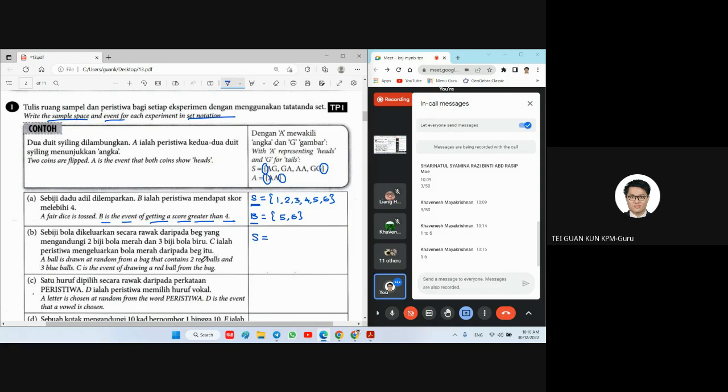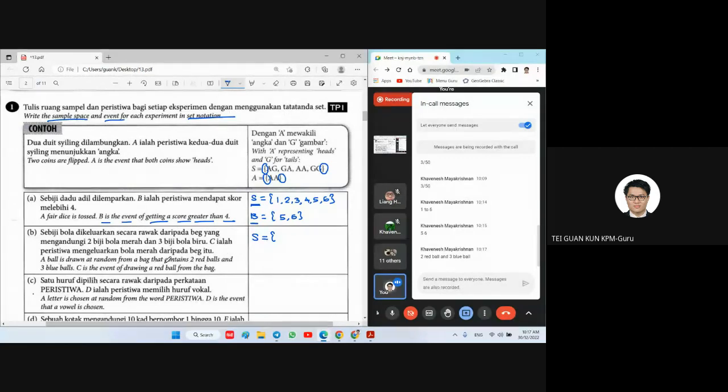What is in the bags? 2 red ball and 3 blue ball.